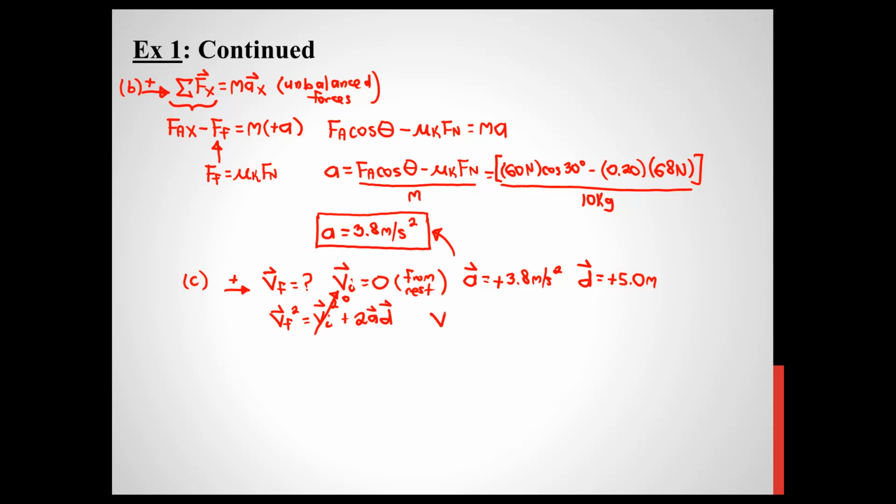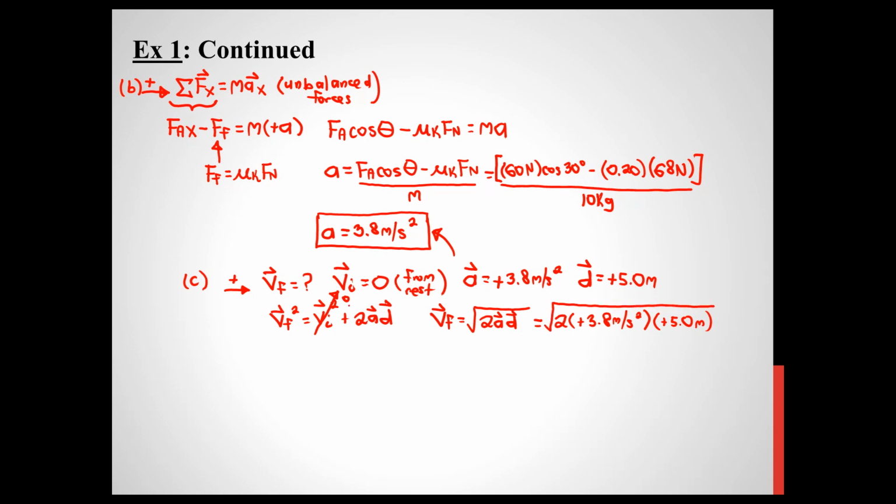And then that would just tell me that my final velocity, take the square root of both sides, would just be equal to the square root of 2 times a times d. Plug the numbers in. This would be 2 times a, which is positive 3.8 meters per second squared, multiplied by d, which is positive 5.0 meters.